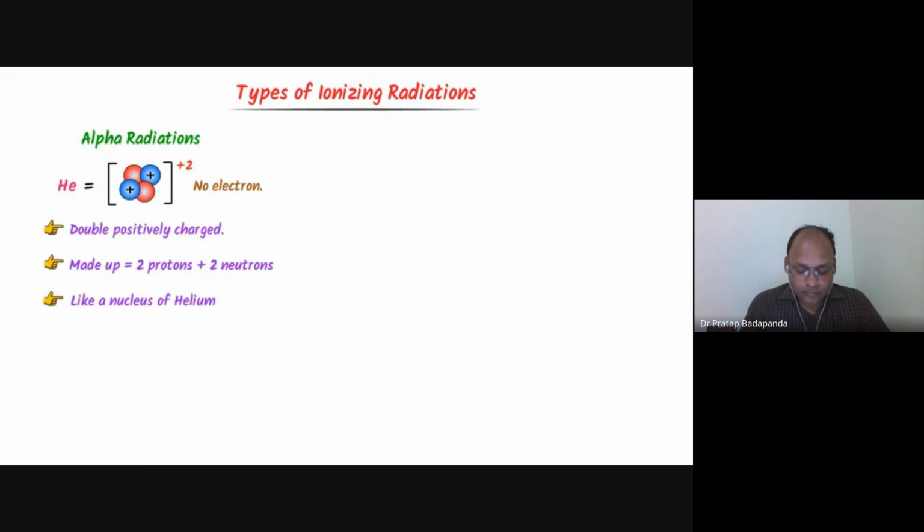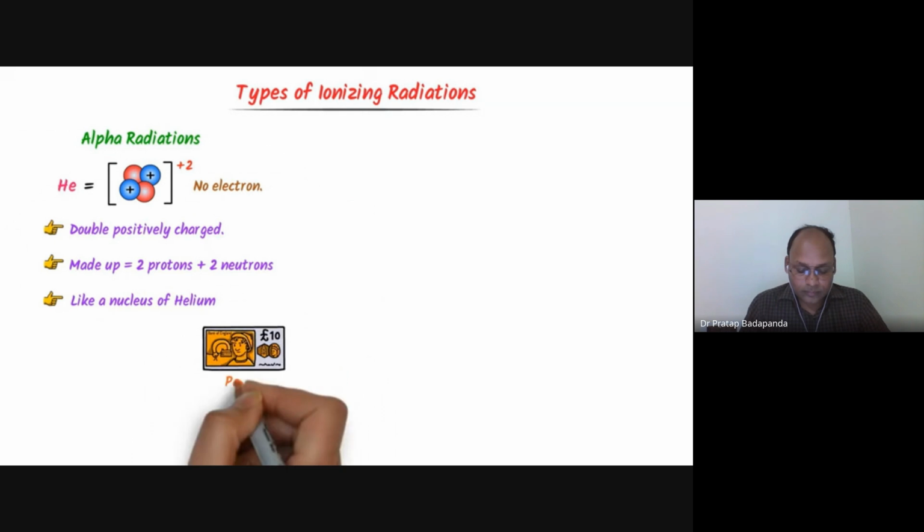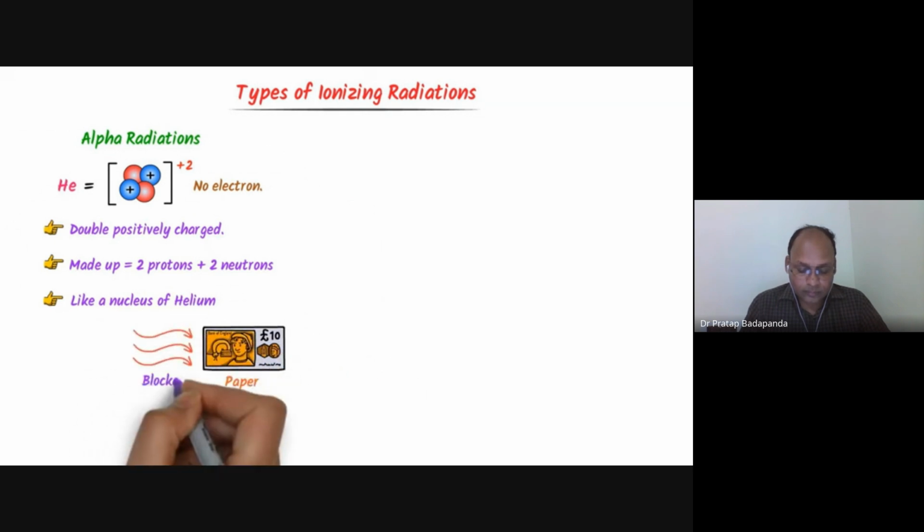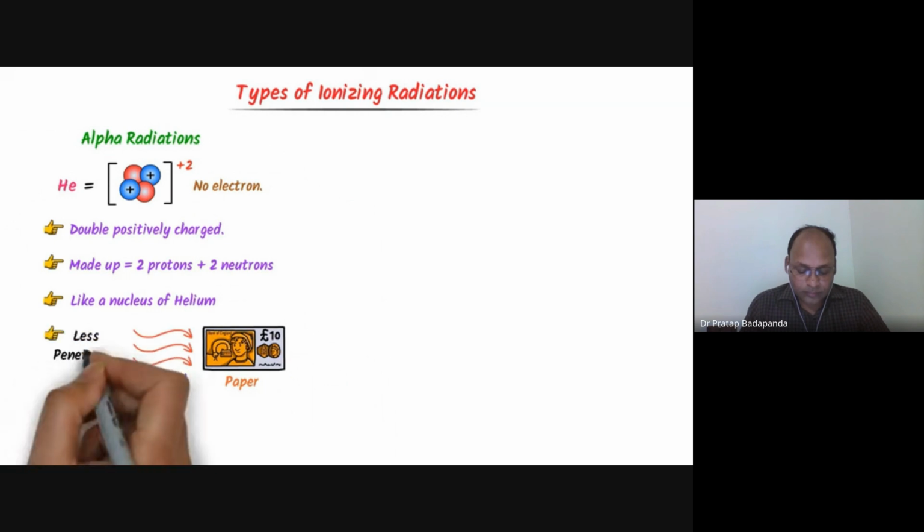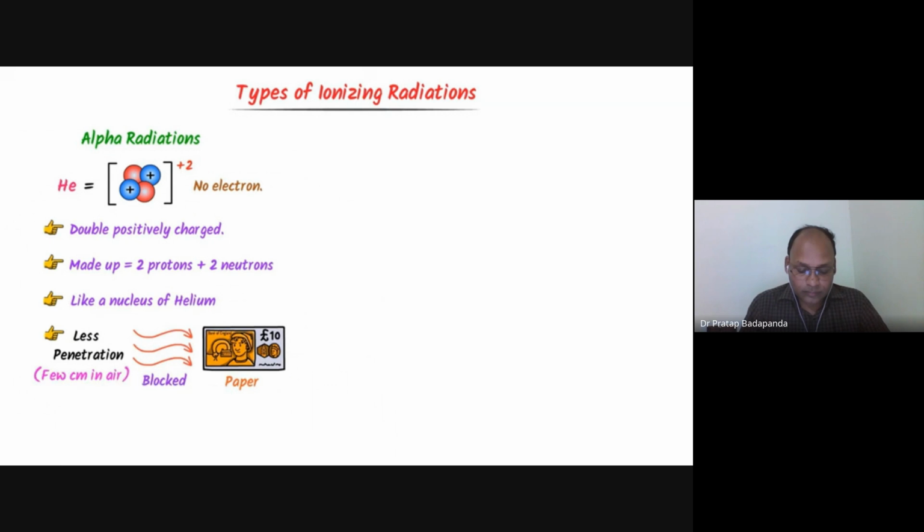Remember that alpha particles are relatively large, that's why they can easily be stopped by paper. So we say that they have less penetration ability and can travel a few centimeters in the air. On the other hand, due to large size and large charge, they have strong ionizing power. That's why they can easily knock electrons out of atoms after collision. Hence note down these important points.